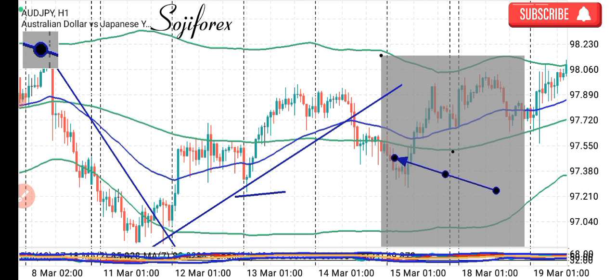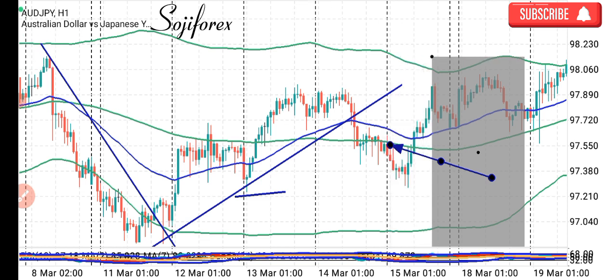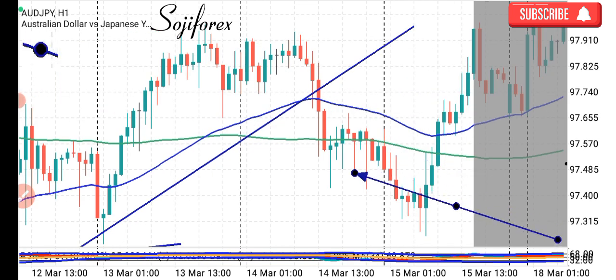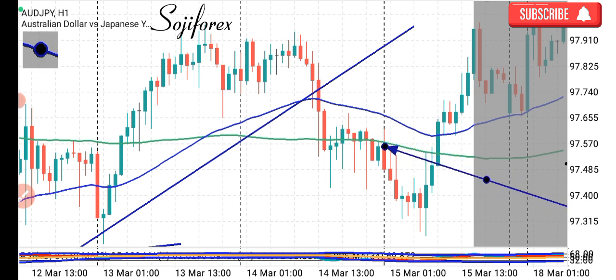And then look at price now break through and give us a bearish engulfing candle. And this particular bearish engulfing candle happens from inside this zone.